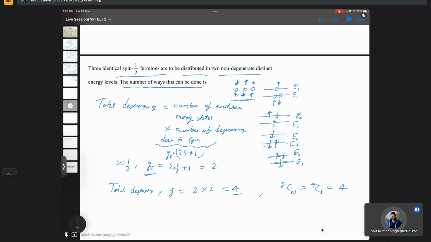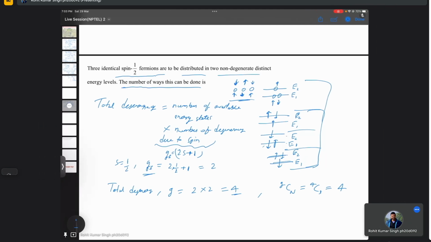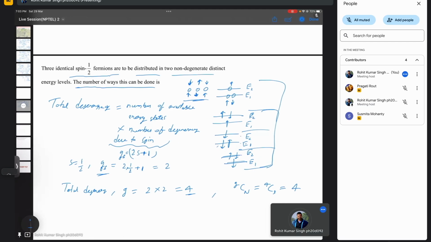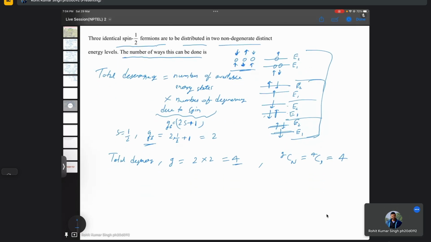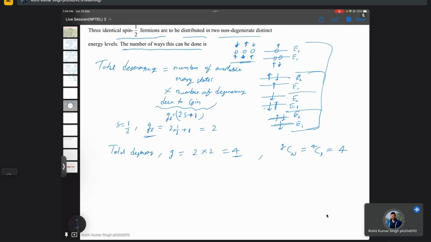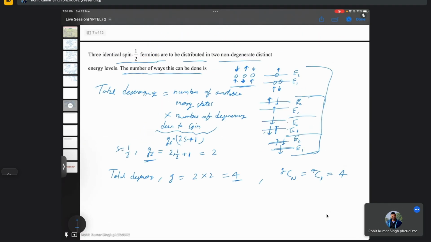So these 4 ways you will have. Is it fine? If you understood it, we can move to the next problem. Should we move?